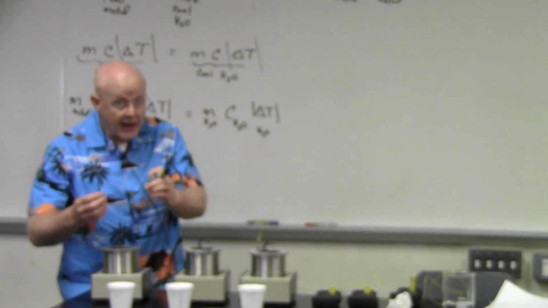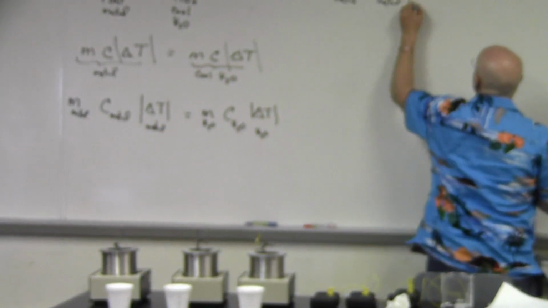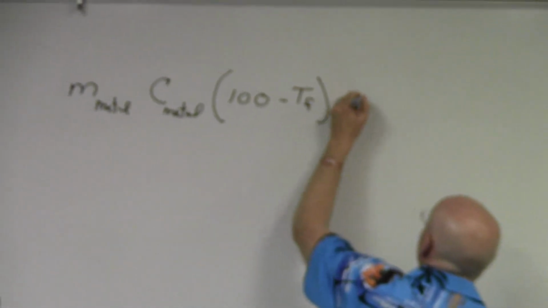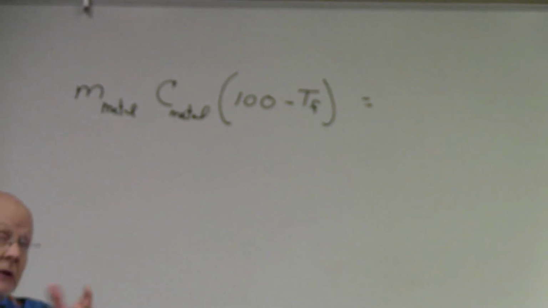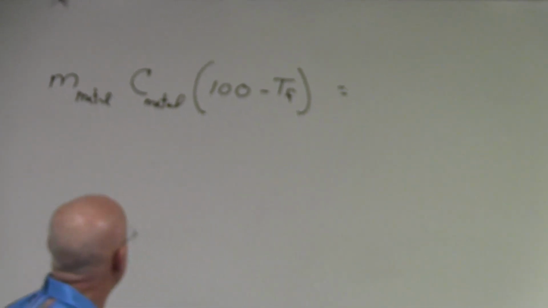I'm going to mix it around and find its final temperature. But here's what that tells me. That tells me that its starting temperature is 100 degrees. And so I will measure the final temperature. So this is the final temperature when I eventually mix them.